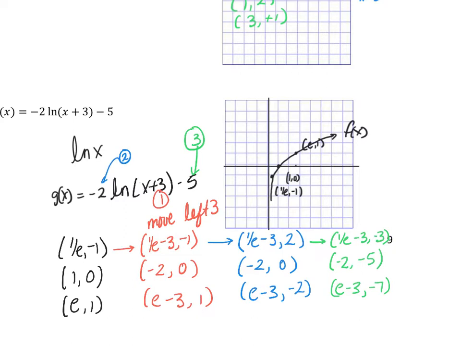So the point A, which was right there, went to the point 1 over e minus 3. Now 1 over e, let me check, hang on a second. So 1 over e minus 3 is about negative 2.6.